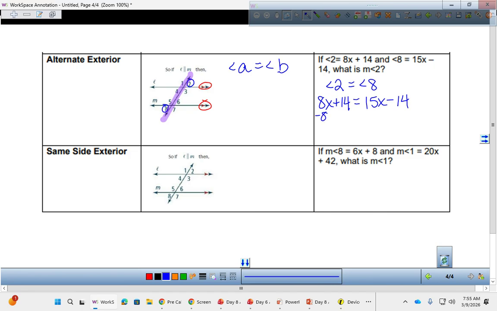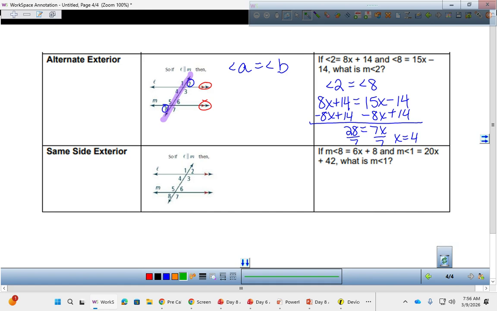So subtract 8x. And I'm just going to also add 14 in the same line just because I don't have a lot of space. So if alternate exterior angles are equal, then equation 1 equals equation 2. I can solve for x. Now this one also says find the measure of angle 2.